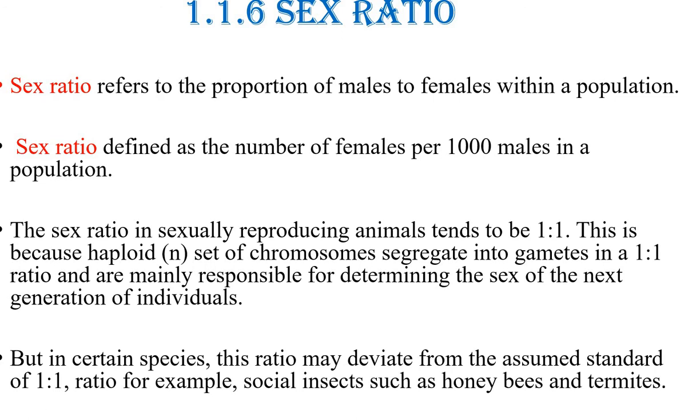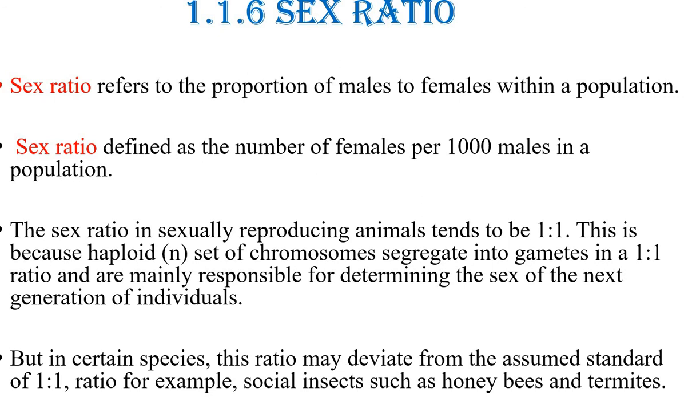In the case of sexually reproducing animals, the sex ratio tends to be 1 is to 1. This is because haploid, that is n number of chromosome sets, segregate into gametes in a 1 is to 1 ratio and are mainly responsible for determining the sex of the next generation of individuals.